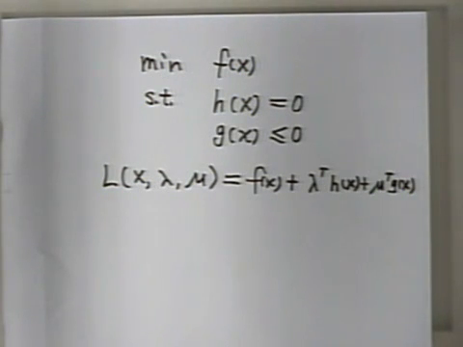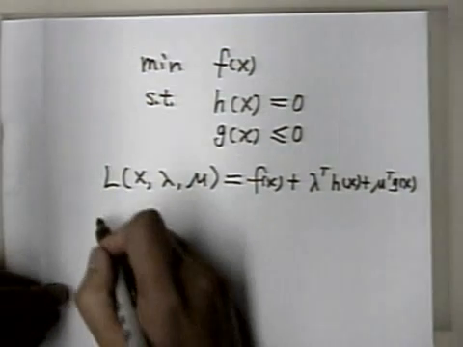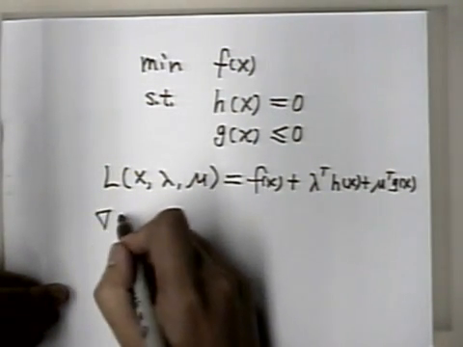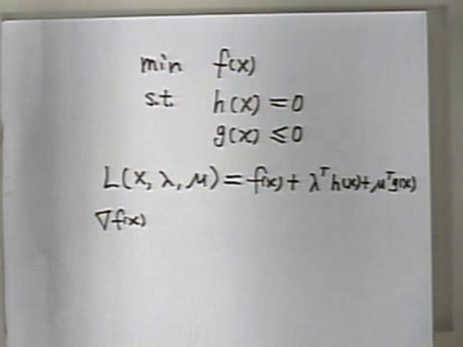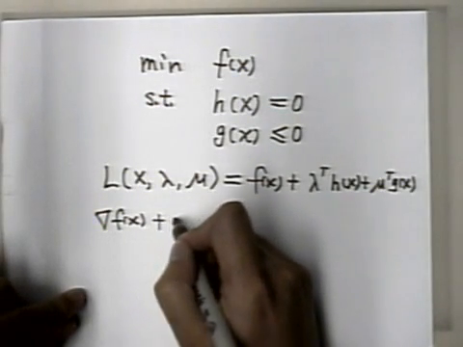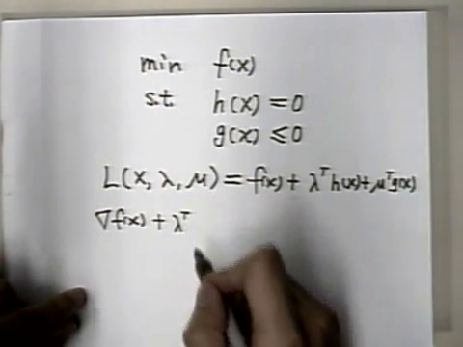And then the necessary condition for a local maximal or minimal should be what? The partial derivative in this case should be written as the gradient with respect to the variable vector x. So I will write a gradient for x, for f of x, plus lambda transpose.